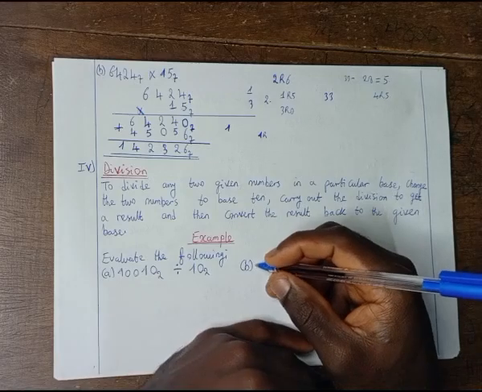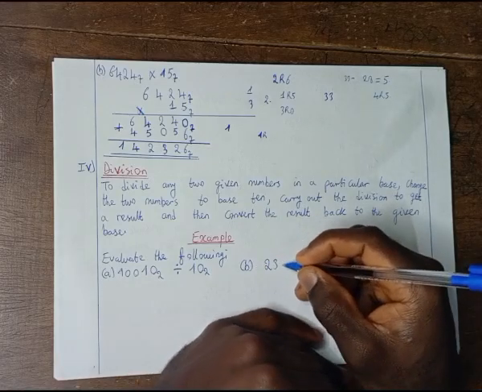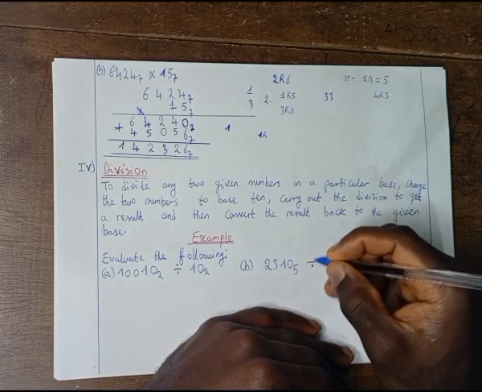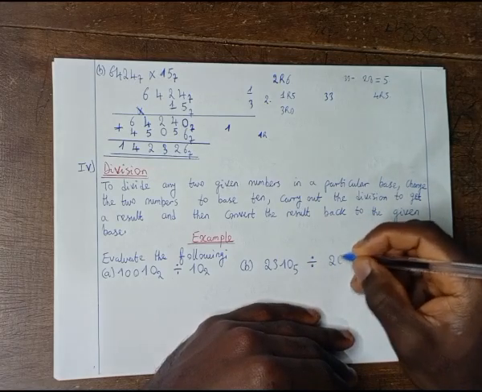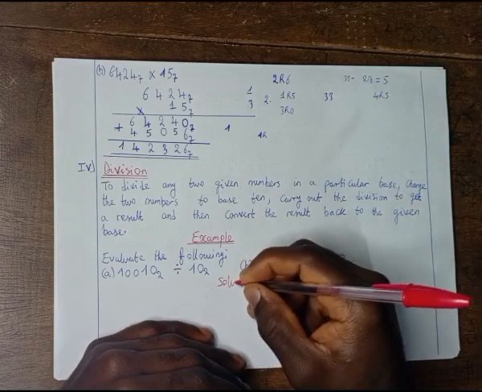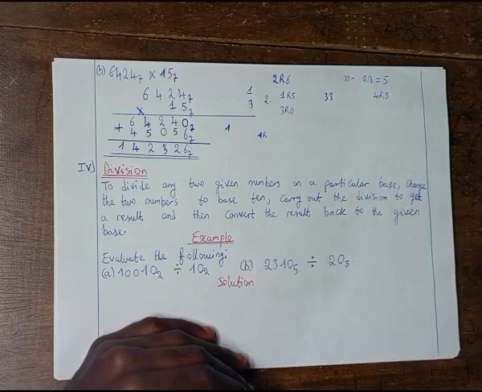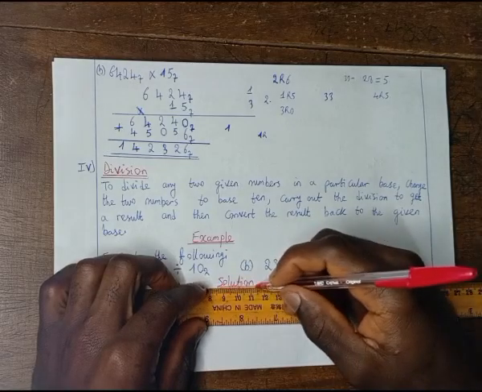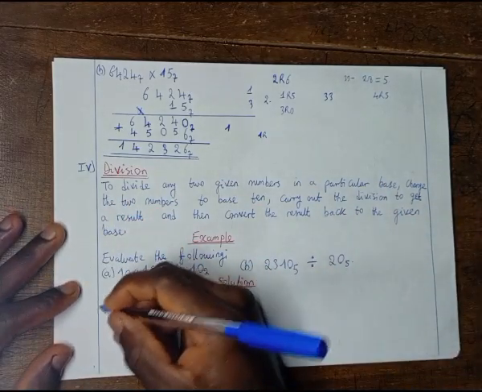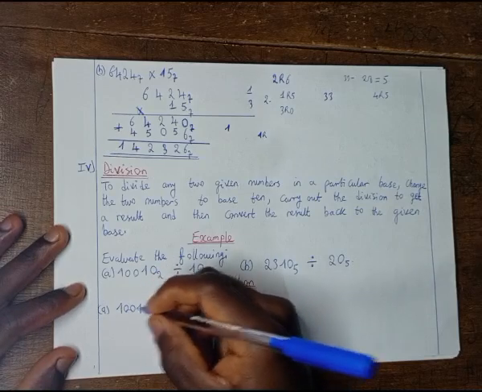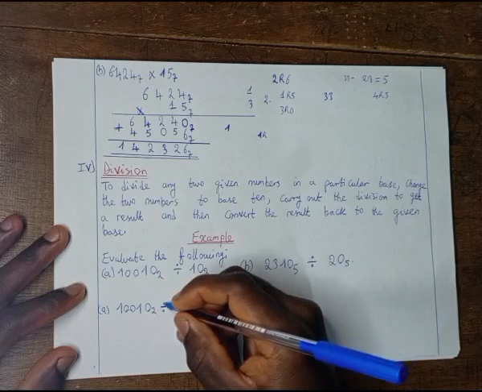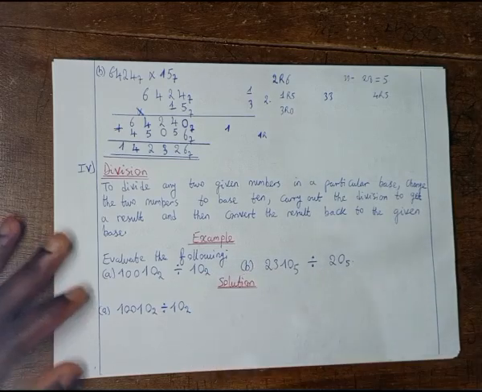B, we have 2, 3, 1, 0 in base 5 divided by 2, 0 in base 5. Take solution. We take A. For A, we have 1, 0, 0, 1, 0 in base 2 divided by 1, 0 in base 2.